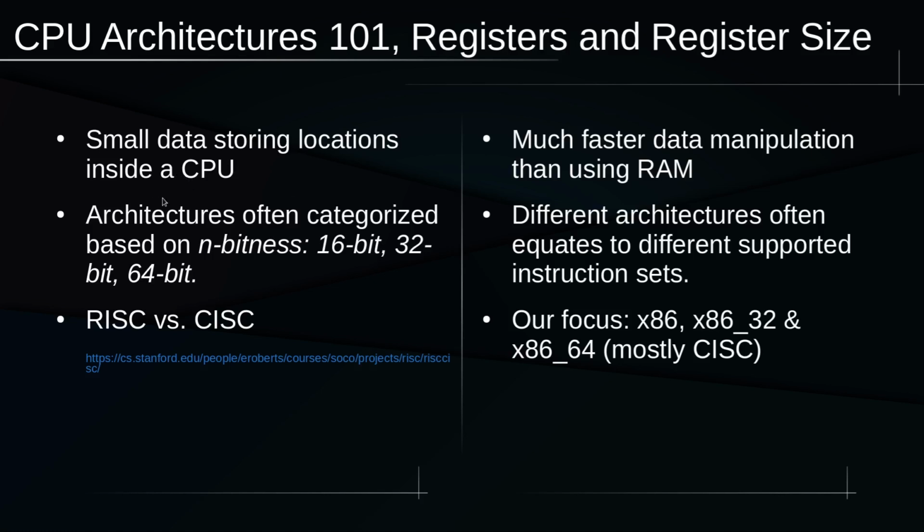But we never explained what a register is. A register is a small data storing location inside a CPU, and that allows the CPU to do much faster data manipulation than accessing the RAM all the time.